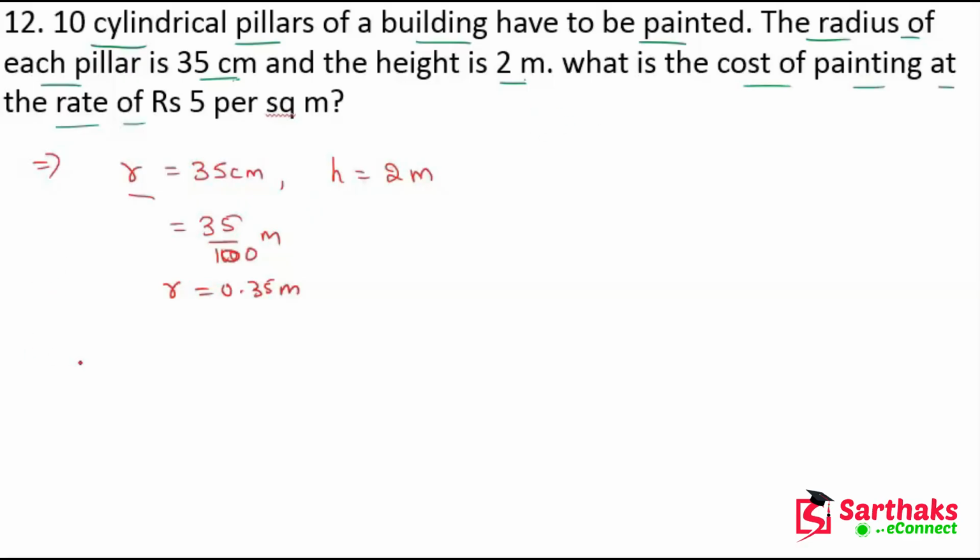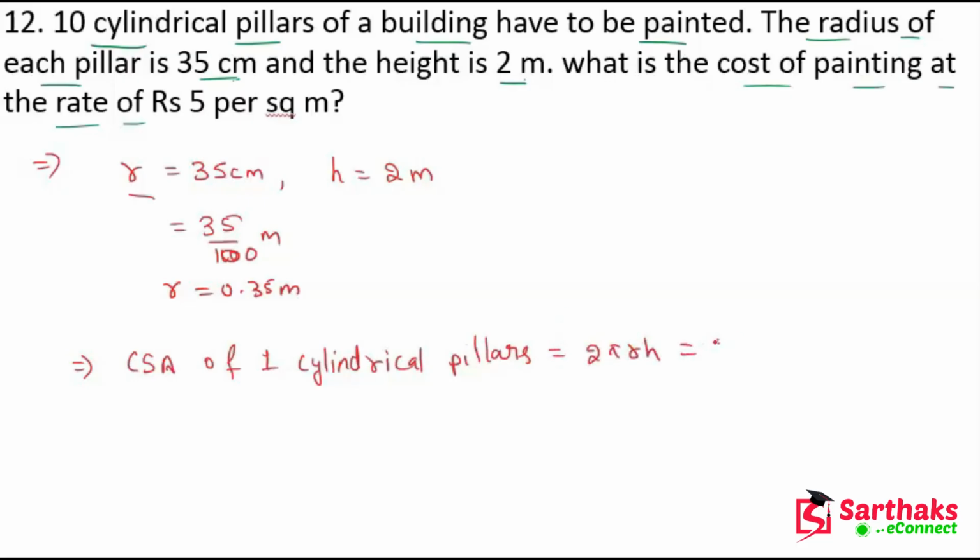Now here is CSA of this cylindrical pillar. CSA of one cylindrical pillar, we know that this is 2 pi RH.